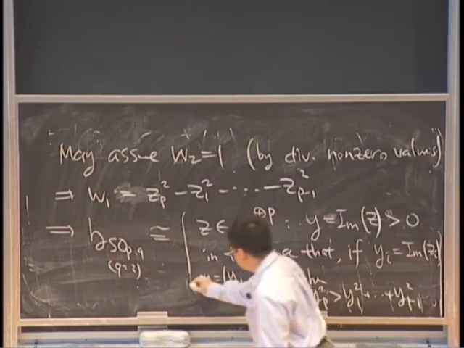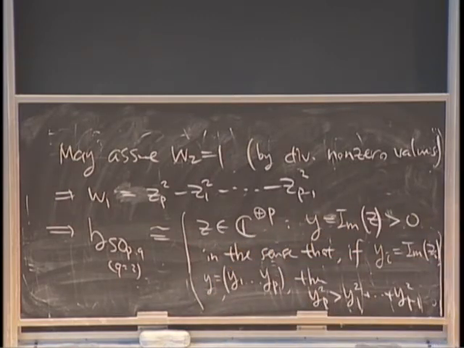I try to write this as another imaginary part relation just to indicate that this is similar to all the previous examples. You start with some kind of space, you define some kind of notion of imaginary part being positive definite, and then you write it down.